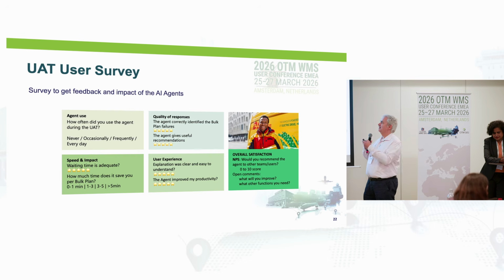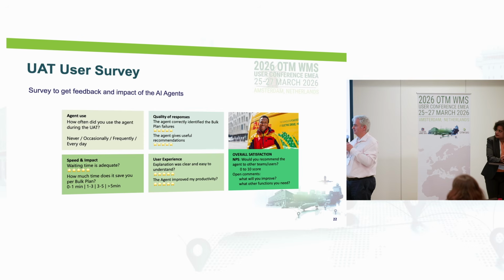The quality of the response, whether the agent's answer is fine or not, whether the recommendations and explanations are useful, all of these things. And also a net promoter score in order to understand if it will really be helpful. We think that it will be helpful, but we need this, at least to have adoption from the users. This is why we are trying to build the trust of the users.